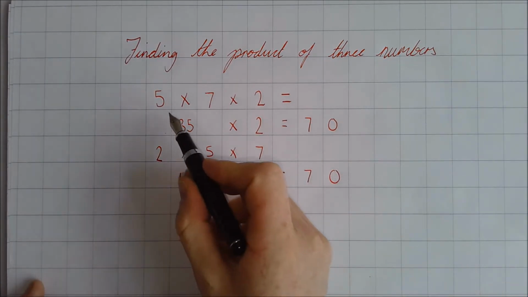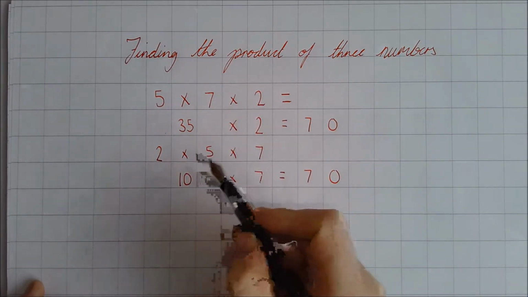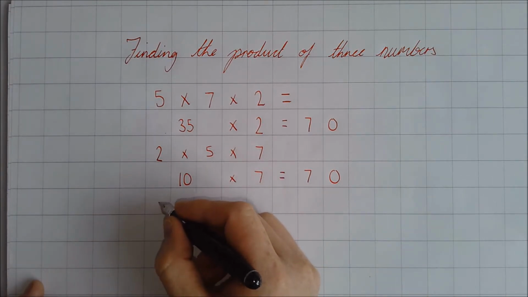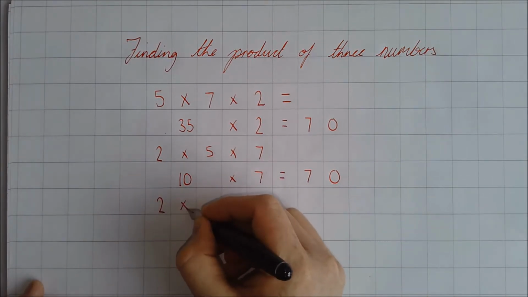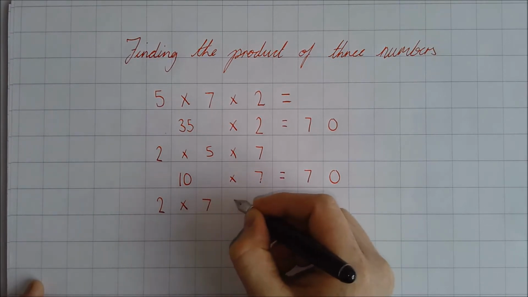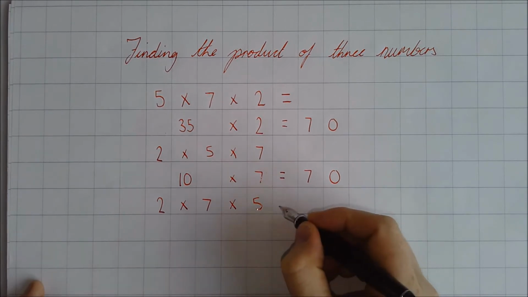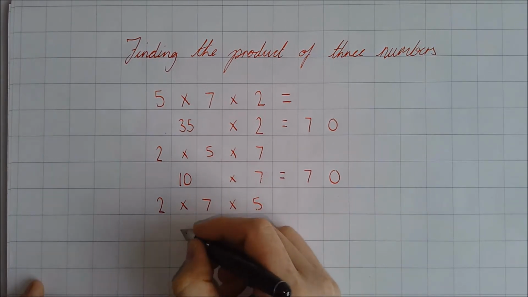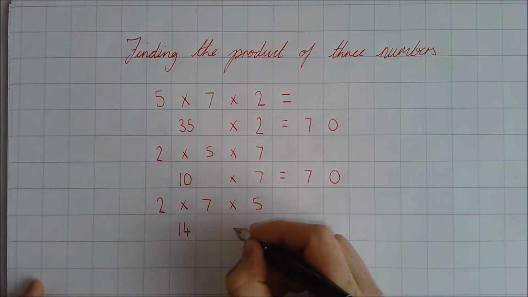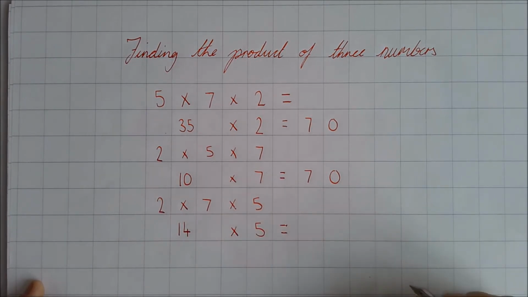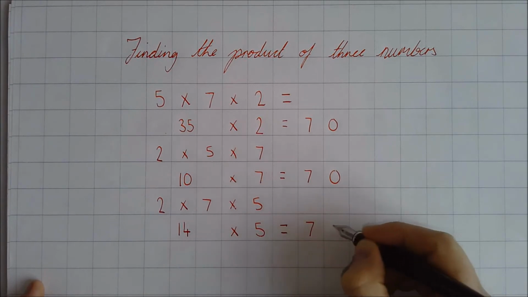So we've done 5 times 7 times 2. We've done 2 times 5 times 7. We could do 2 times 7 times 5. So 2 times 7 is 14, times by 5, you guessed it, still 70.